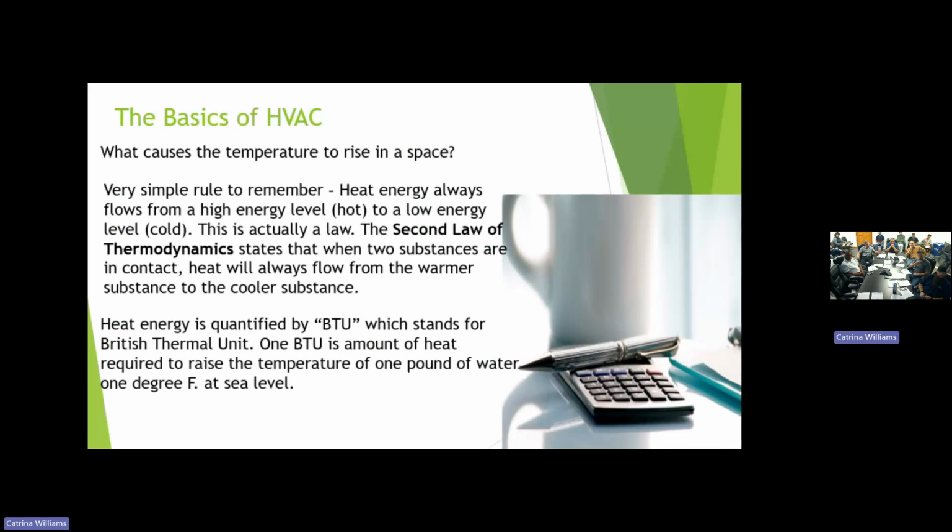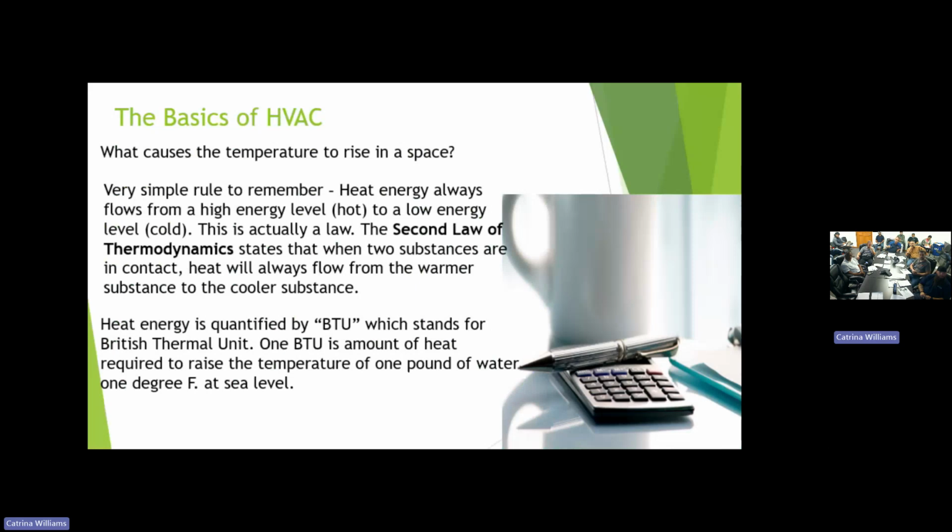Actually, this is a law we have to remember. Can't break the law. It's the second law of thermodynamics. It states that when two substances are in contact, heat will always flow from the warmer to the cold. That's just how things work. You can't change that.